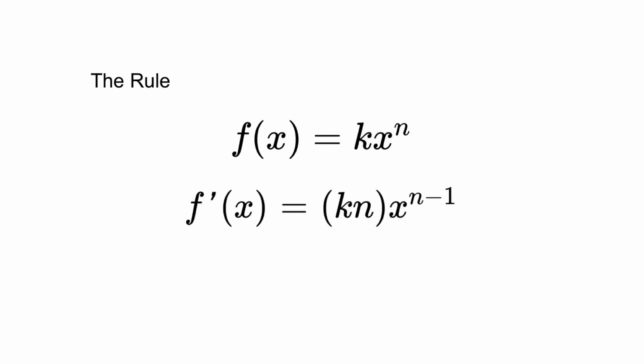Now, going onwards, we can look at all of the different variables that would come through, but the rule follows that for any function which has the form of kx^n, where k is any number and n is any number, will give us the following rule, where its derivative is equal to the multiplication of kn, and you get x to the power of n minus 1.